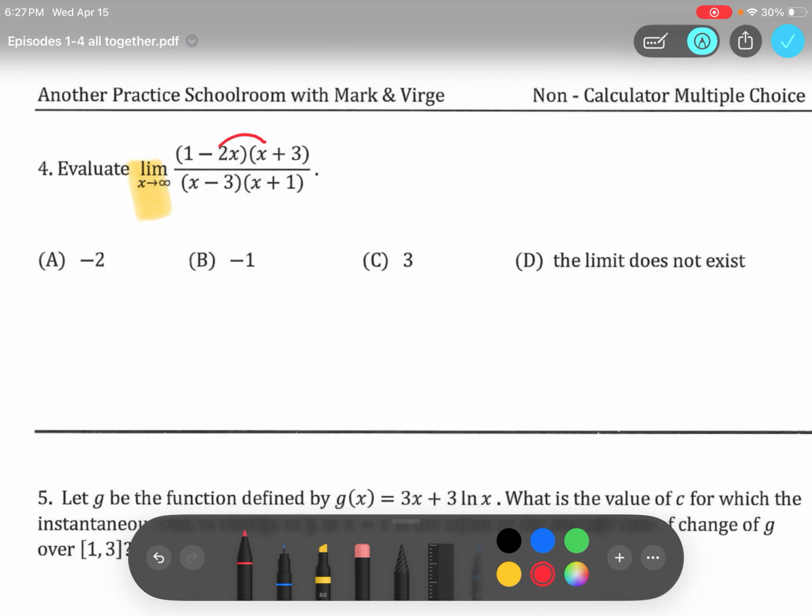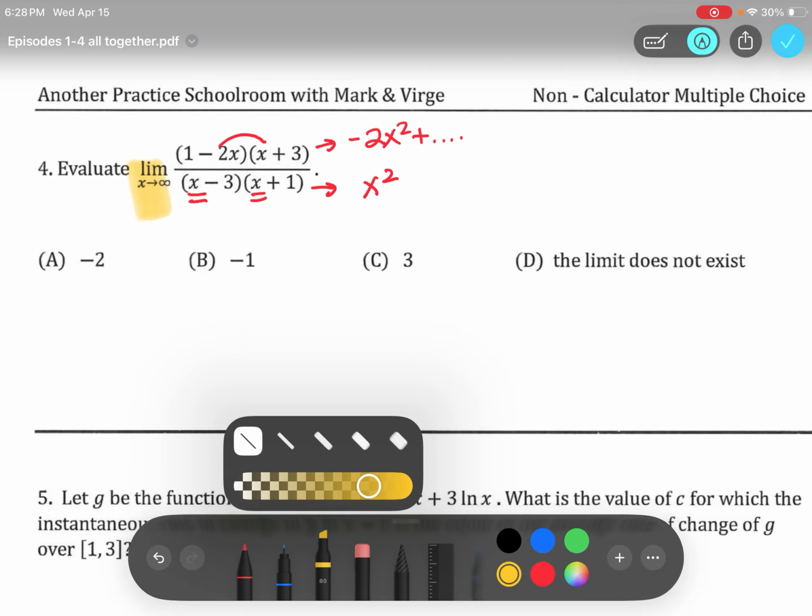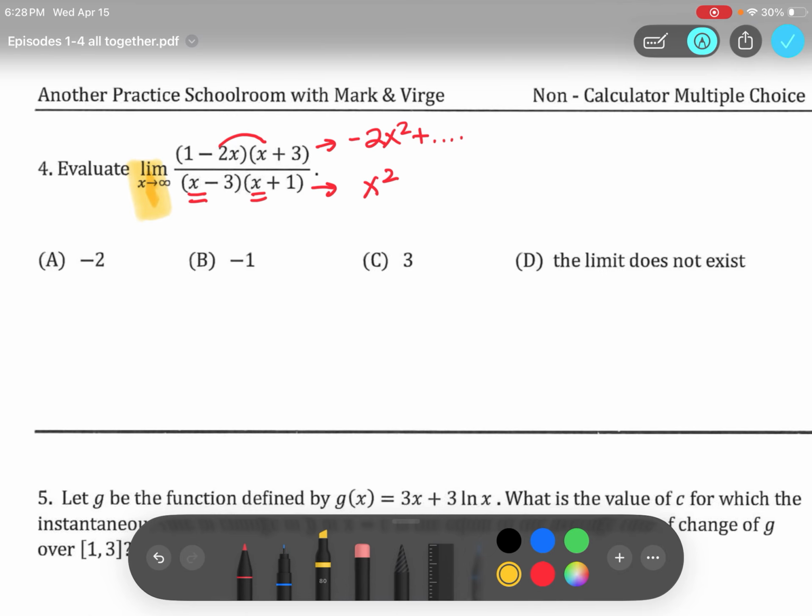If I just multiply my two highest terms, I get that the numerator is a negative 2x squared plus... I'm going to get more terms, but I don't care about the rest. The denominator, if I just multiply my two x's together, I get x squared. And then we have to compare the degrees. When x is going to infinity, we compare the degree of the top and the degree of the bottom.